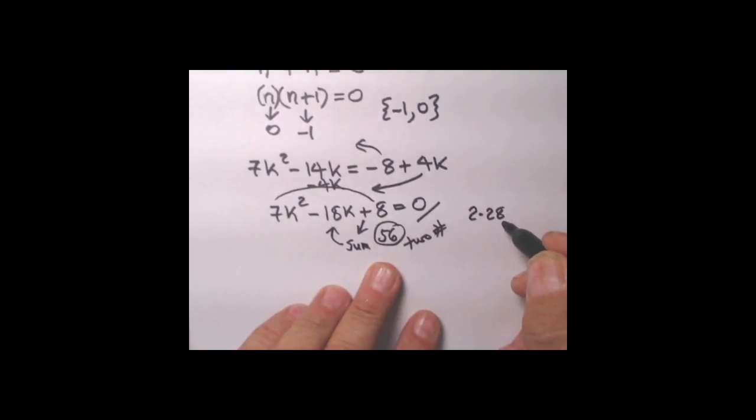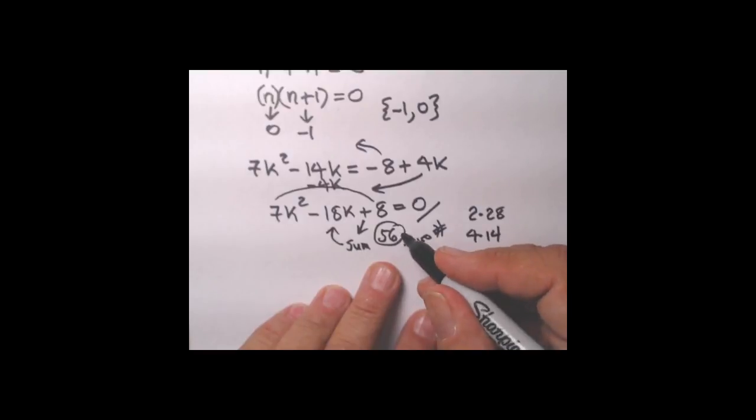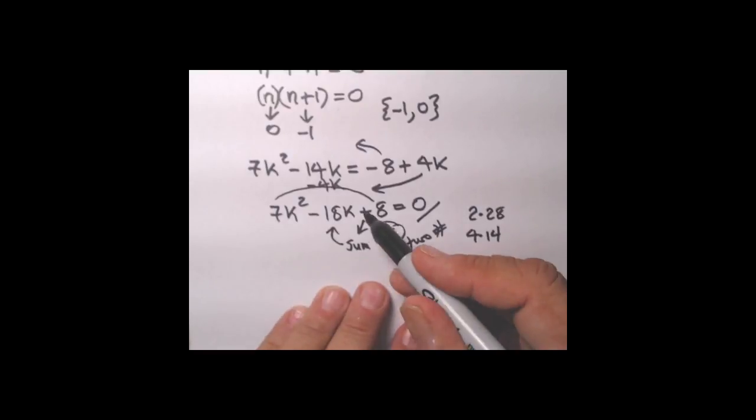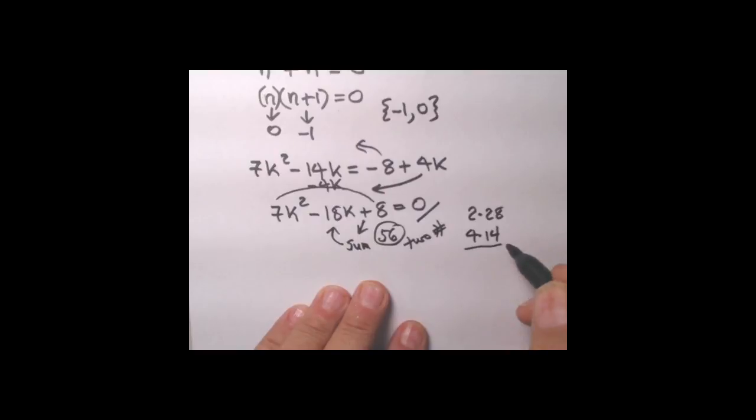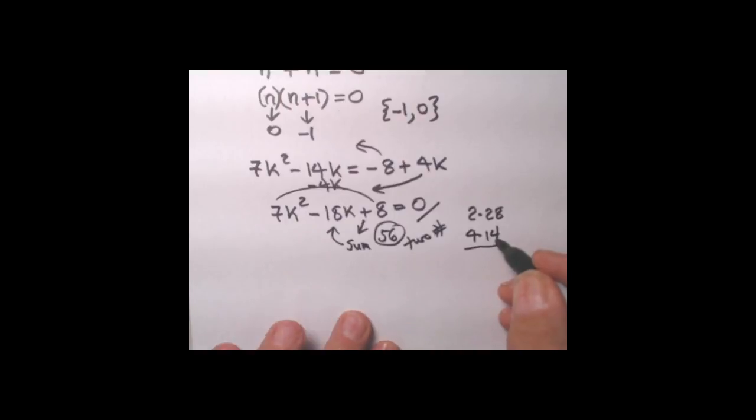So let's see, 3 won't divide into 56, but 4 will. So I can go 4 times. Now, since I doubled the 2, it means I got to have this guy. 4 times 14, if you multiply it out, will give you 56. Ah, look at this. The sum of 4 and 14 is 18, isn't it? So here it is. This is our winning combination.